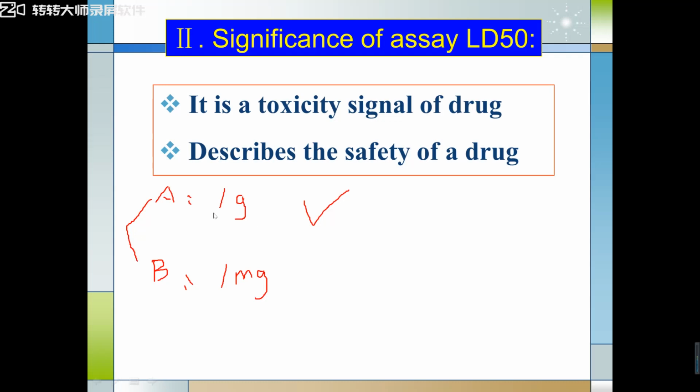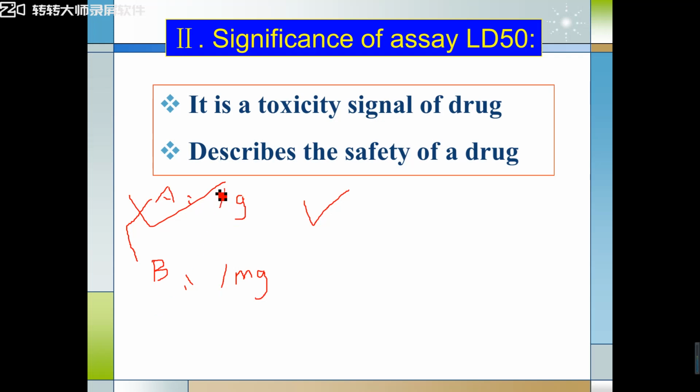And in clinic, because they are the same kind of drug, we should use A drug, because the LD50 of A drug is larger than B drug.